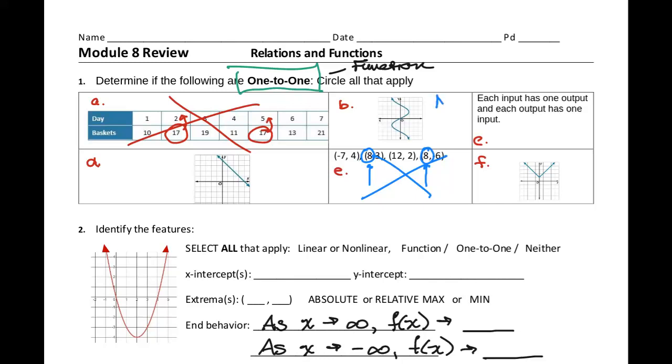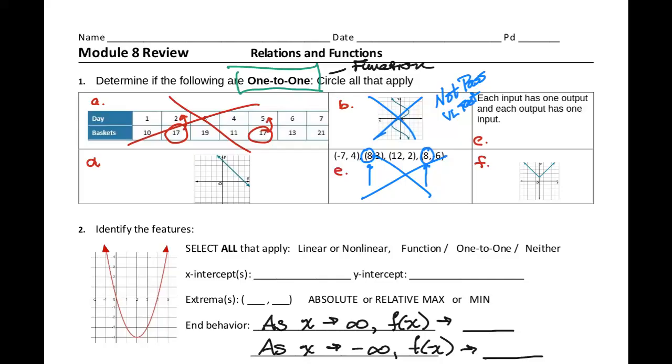Does not pass the vertical line test. Okay? Because it would cut through several times on that one. Wow, well, we got several that are not. Sometimes it's easier to find the ones that are not. And that's what you can do on the test if you would have something like this.